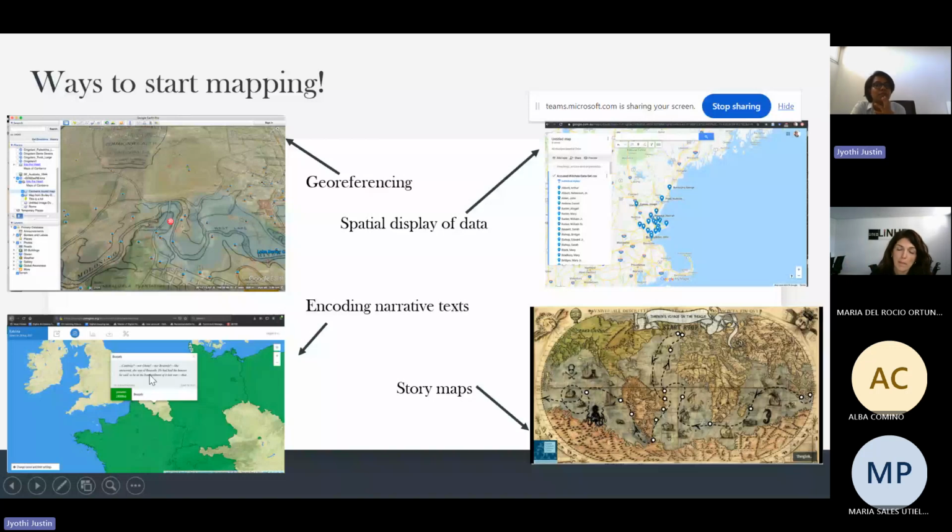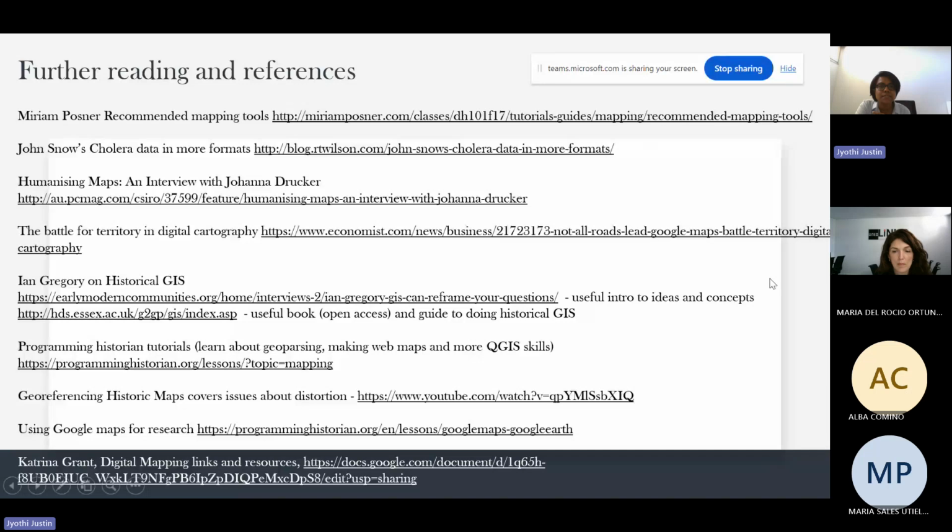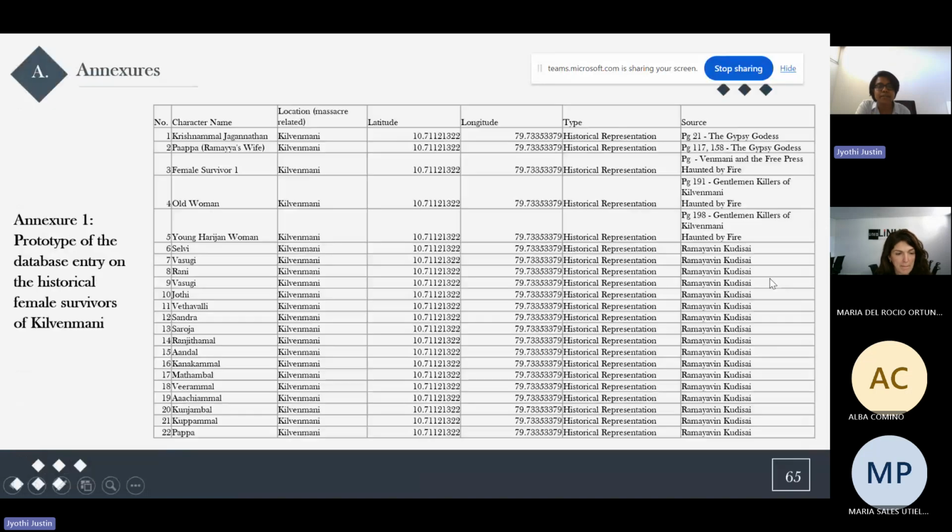So these are some of the further readings and references that you can use, especially if you are interested in using GIS or mapping in your humanities research. And this is the collection of database that I have created on the survivors of Kilvenmani.